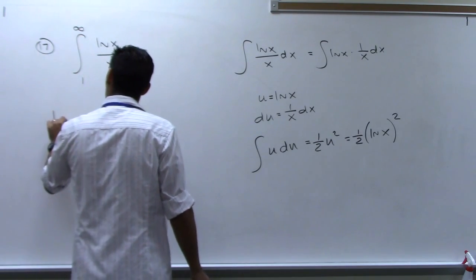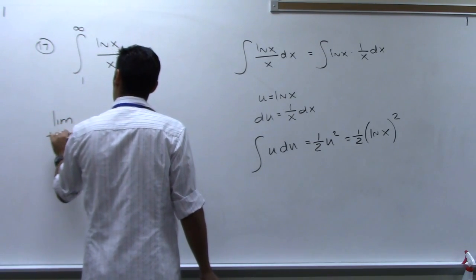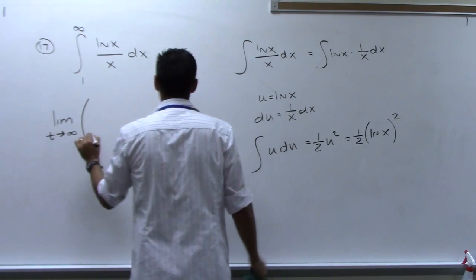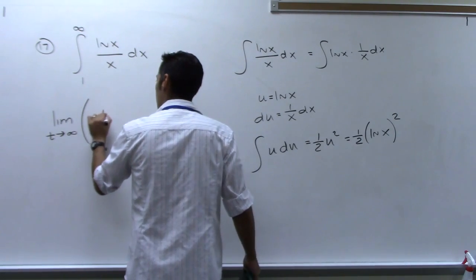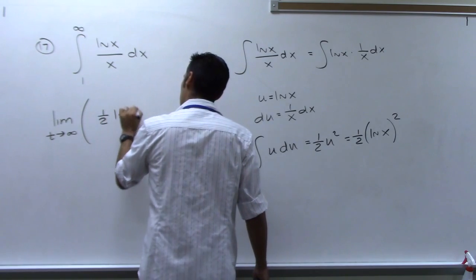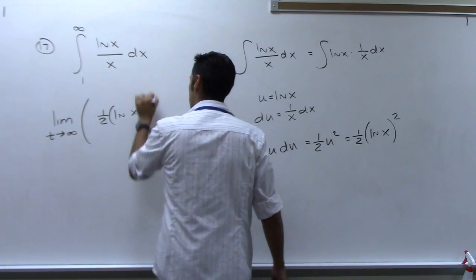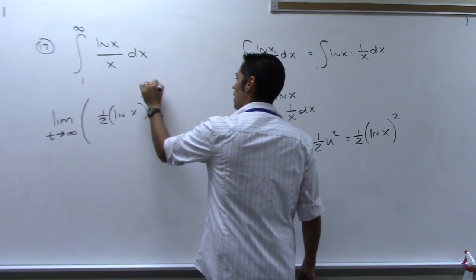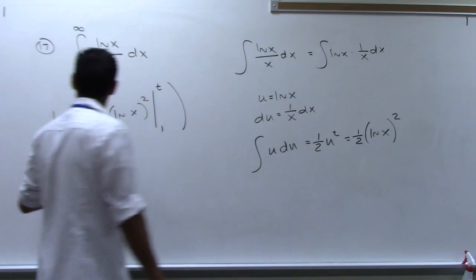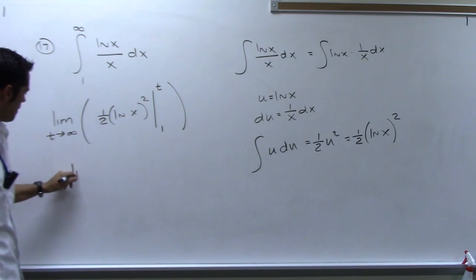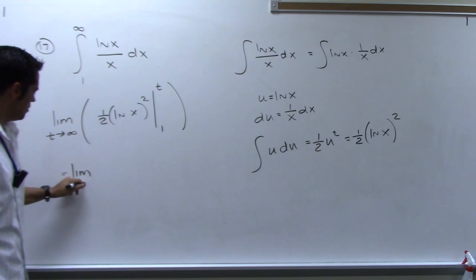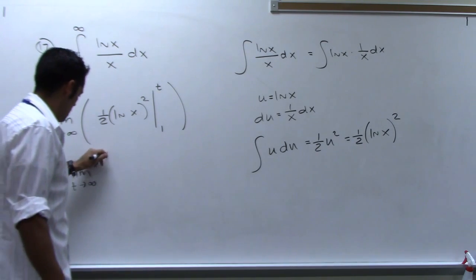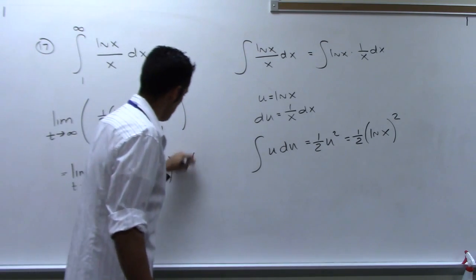So this becomes the limit as t goes to infinity of the antiderivative, 1/2 natural log x squared, evaluated from 1 to t.